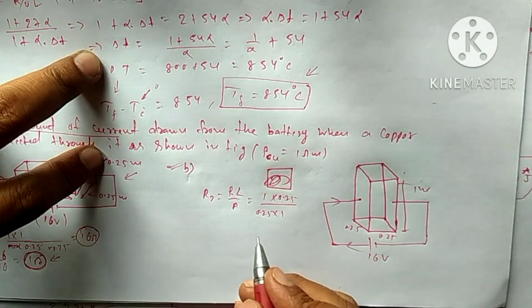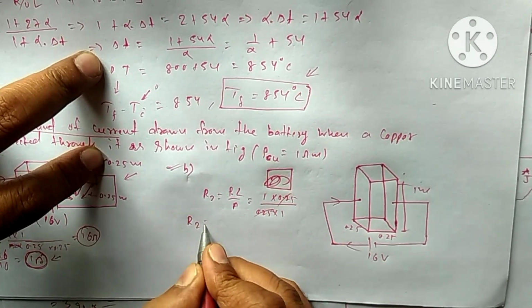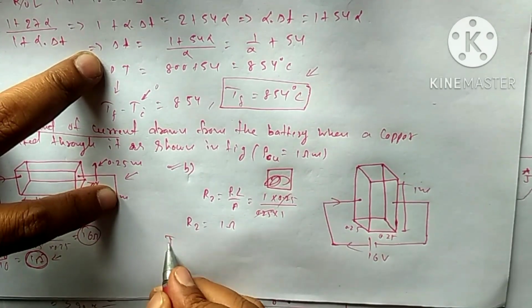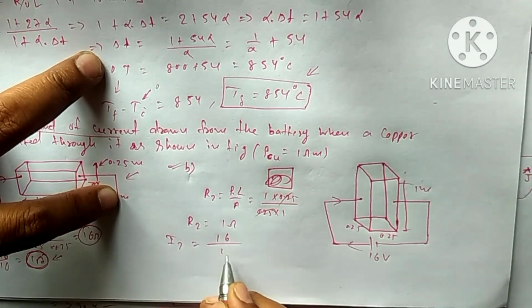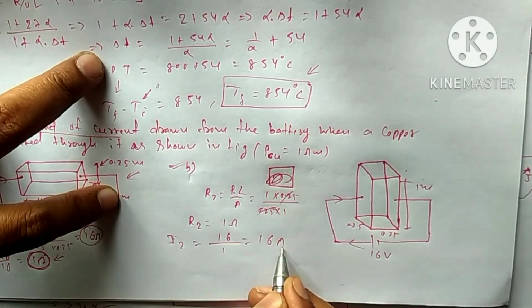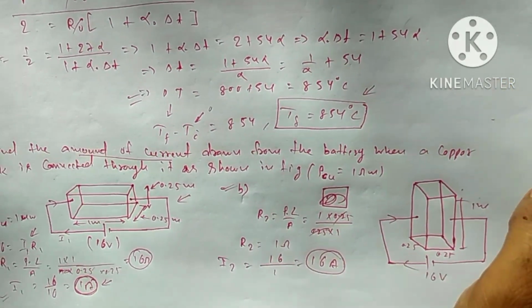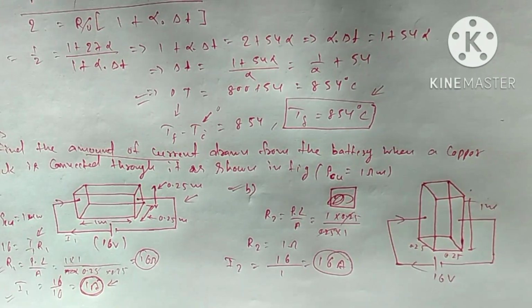Here we cancel and get resistance of 1 ohm. So I2 equals V by R2, that is 60 divided by 1, which is 60 ampere. I hope this type of question will help clear your concepts.